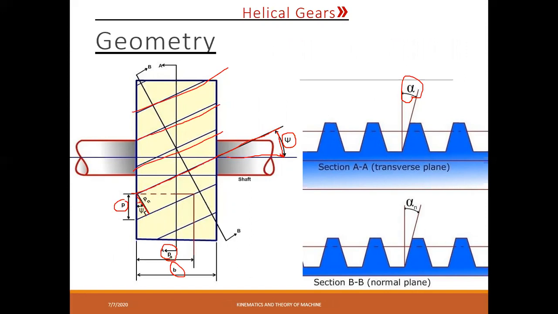This is the circular pitch and this is the normal circular pitch. To relate both, we take the adjacent side and the hypotenuse. This is the hypotenuse, and the relation between the adjacent side and the hypotenuse is the cosine. So cosine psi is equal to the adjacent distance Pn divided by the hypotenuse P.